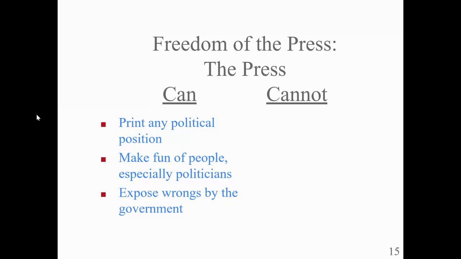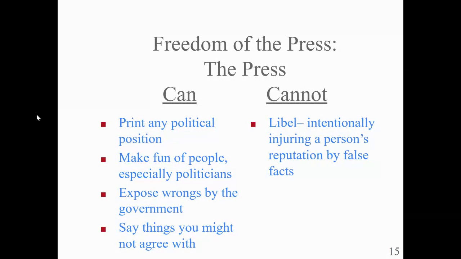Again, our country was founded on people who had just left a government that they didn't like. And one of the things that they weren't allowed to do in that government was to speak out against the king. And so they're wanting to create a government where the people still have a voice. And so the press cannot legally print libel. So if you ever take a journalism class, you will likely learn about libel, but libel is just intentionally injuring a person's reputation by posting false facts.